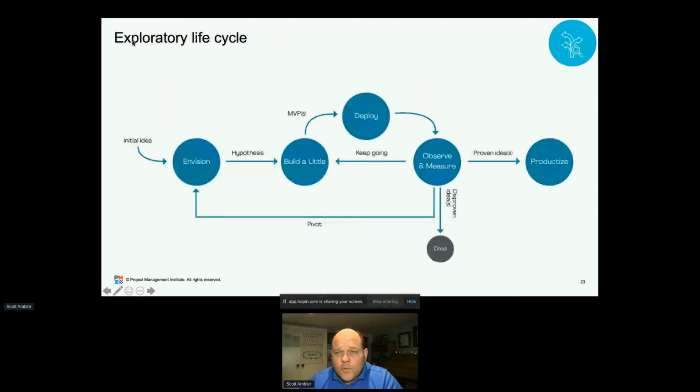This is the exploratory life cycle based on lean startup, where we're testing one or more hypotheses with our customers or potential customers, as the case may be, and we're learning, we're observing and measuring, we're pivoting where we need to, but eventually we home in on, hey, this is something that the marketplace needs. So then we prioritize it by following one of the other life cycles.